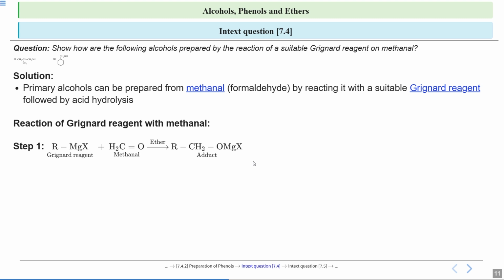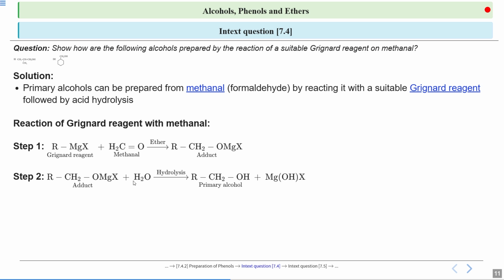So next step, what will happen? Hydrolysis will happen. This adduct will be treated with water. Water gives H plus and OH minus. MgX has a partial positive charge, so OH minus will attack on this MgX group, and you see MgOHX separates. And your H plus has a positive charge.